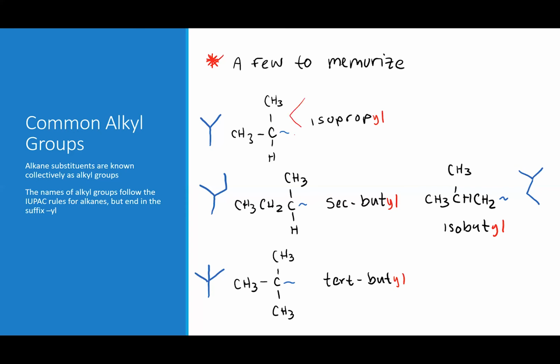So I might have some main chain here, and this is attached to it. And what I've shown on the side here in blue, I know these look like we're looking at runes or something, we're doing ancient rune history. This is the line bond form of the group.